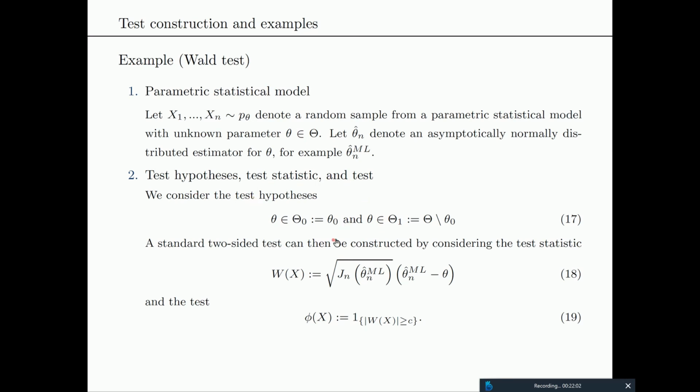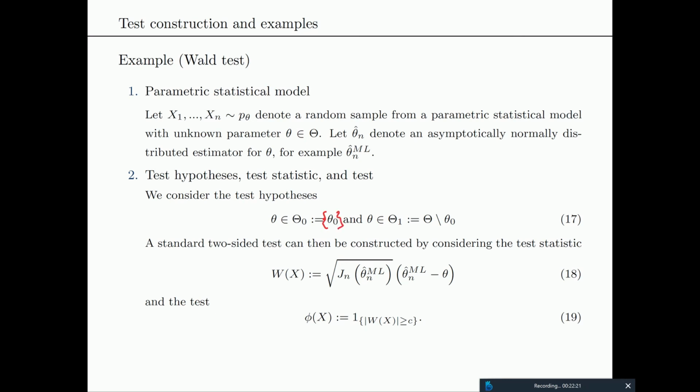So same procedure. The test hypothesis being, again, a simple hypothesis, where we could also put some brackets around this, although sometimes this is not done, to make sure that this is a set.